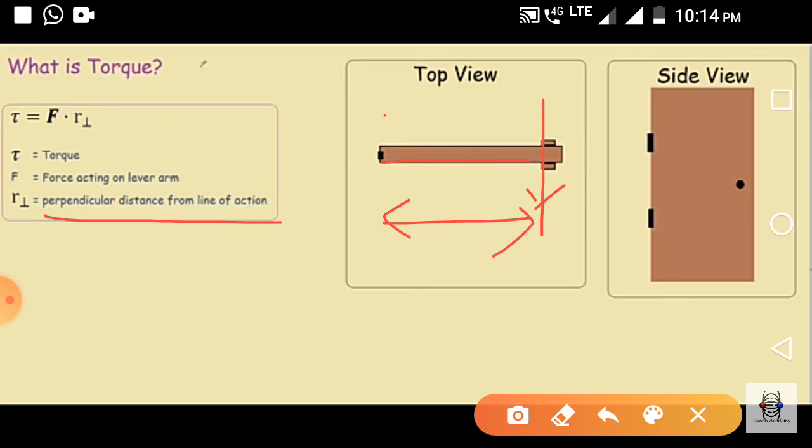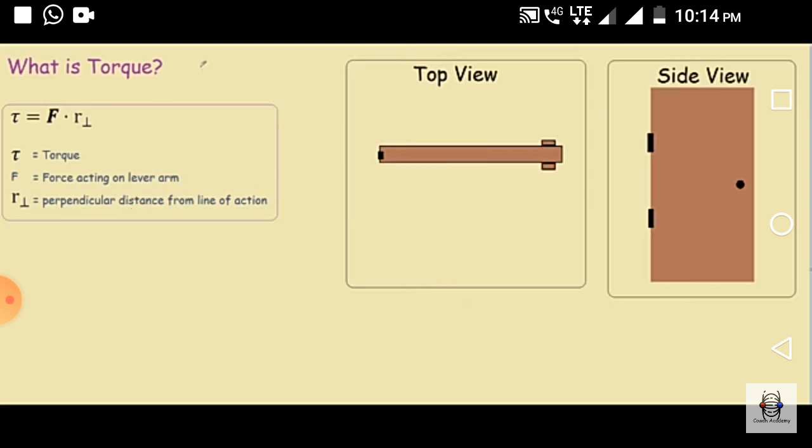Remember that this is the line of action of force, the force is applied here, and this is the perpendicular distance. So this is the distance on which the moment of force, that is the torque, depends. So those are the two factors, one is the applied force here and the other is this perpendicular distance here. Those two factors are what the torque, that is the moment of force, depends upon.